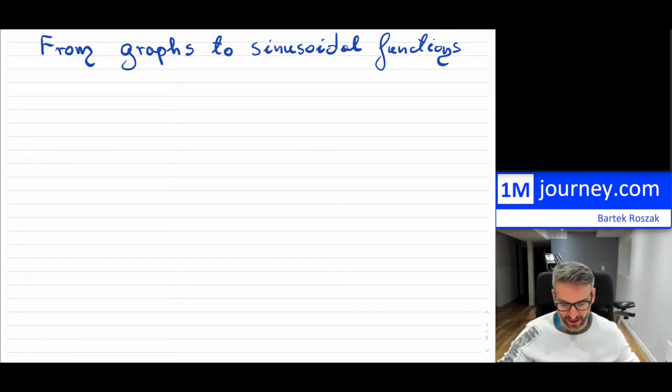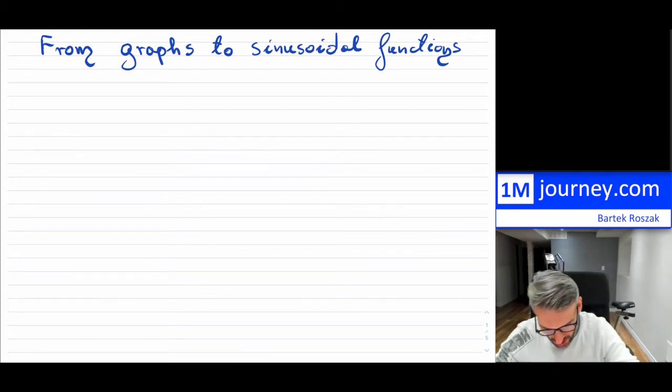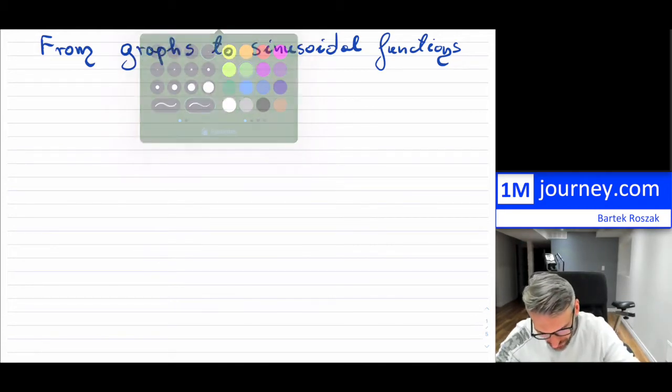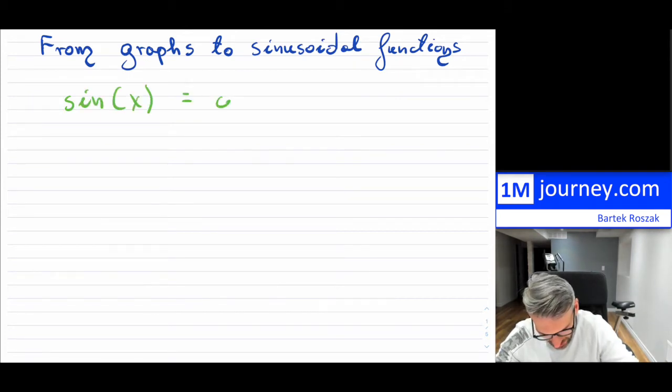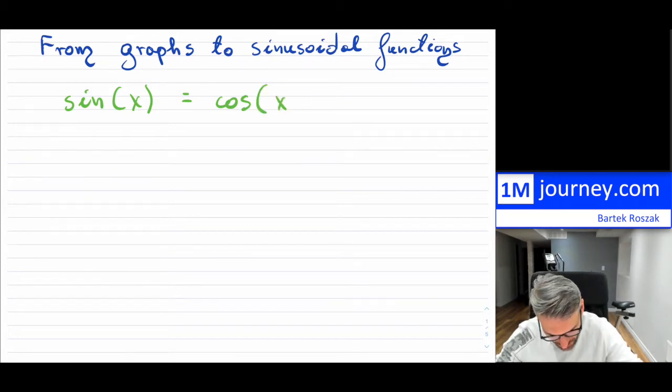Now, sines and cosines are related. They're basically just a translation by 90 degrees, or pi over 2 if you're thinking in radians. Just a recall: sine of x equals cosine of x minus 90 degrees.